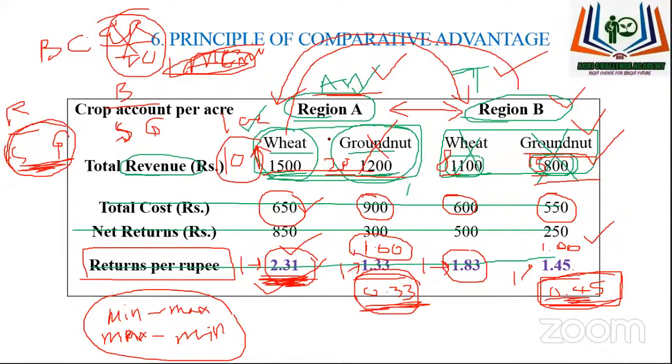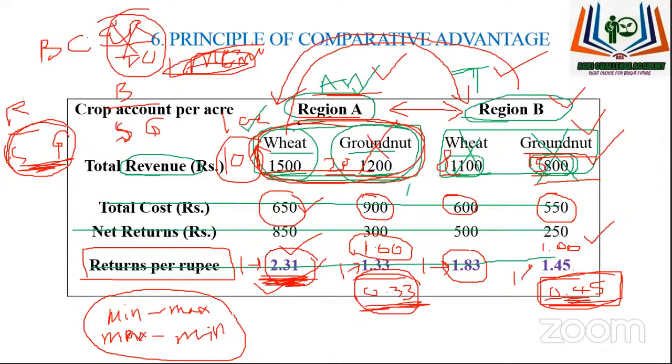Any single country or single person enjoying the complete benefit is known as the absolute advantage. Here, region A is enjoying the complete benefit from wheat and groundnut. A single individual enjoying the benefit in any category is known as the absolute advantage.